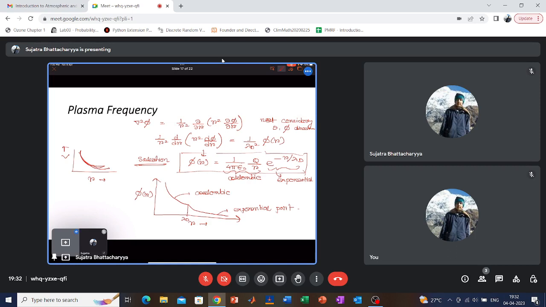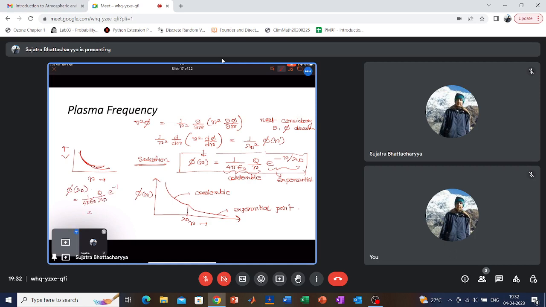This is how it happens. And so we can also calculate phi of lambda d. What will it be? It will be 1 by 4 pi epsilon naught, q by lambda d, e to the power minus 1.